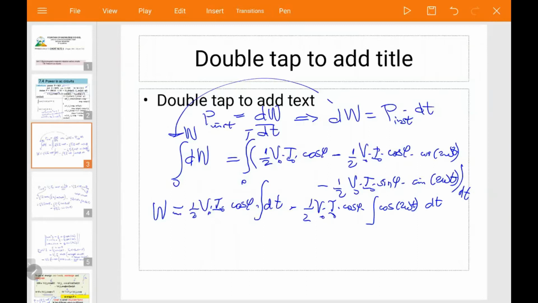I have a third term, minus a half V0, I0, sine phi, which are all numbers, integration sign, sine of 2 omega t dt. That's it. We're going to integrate over one period, so we write down from 0 up to capital letter T.